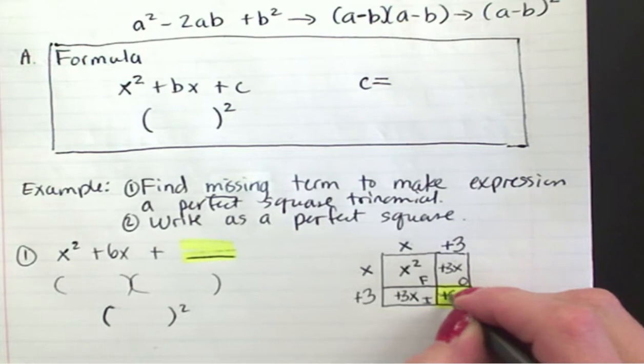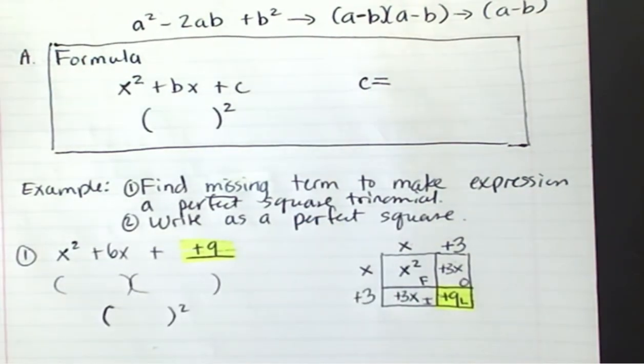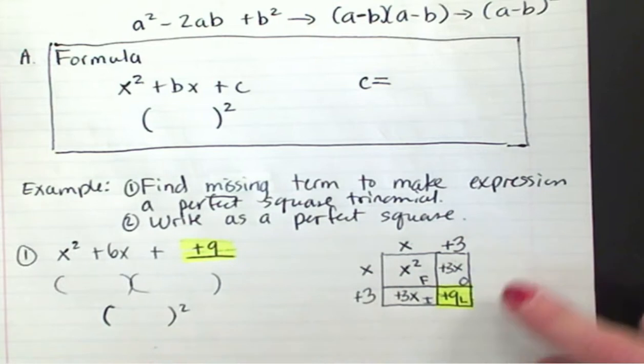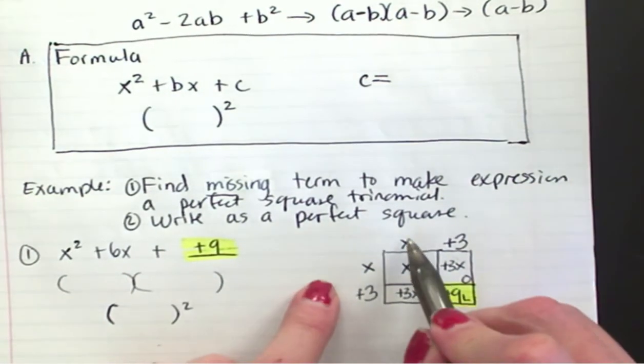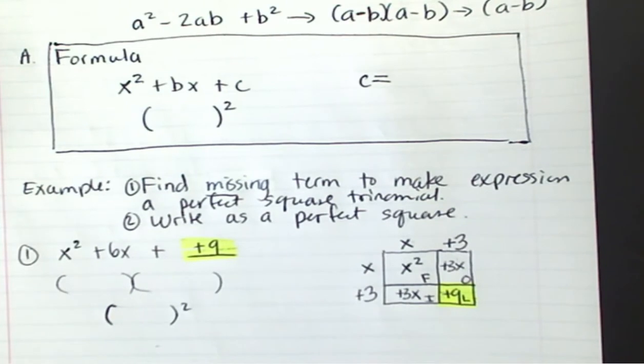A 9. Okay, so now I'm trying to meet you where you're at. Some of us like to FOIL with a box. Some of us have learned factoring with a box. Great. Some of you have done a Punnett square where you're used to lining up the rows and the columns and multiplying. It's called completing the square because the yellow box was empty and you figured out what number goes there to complete the square.